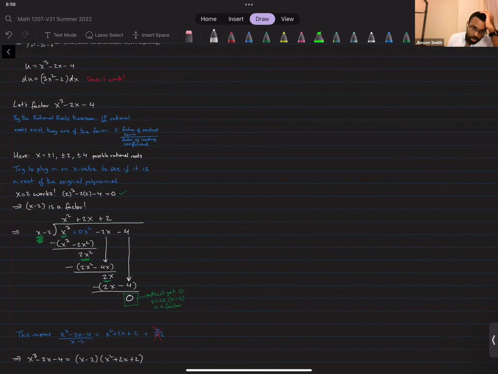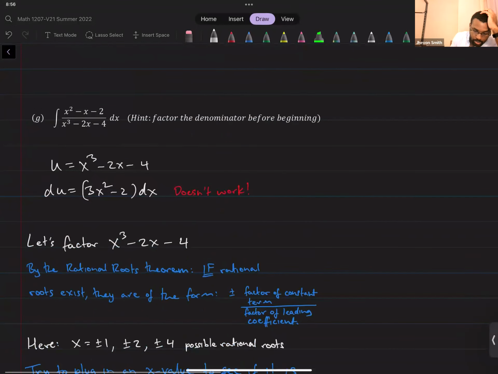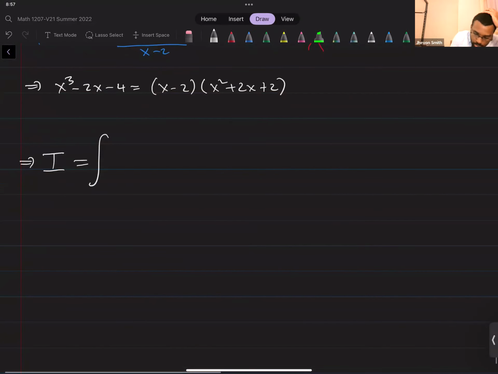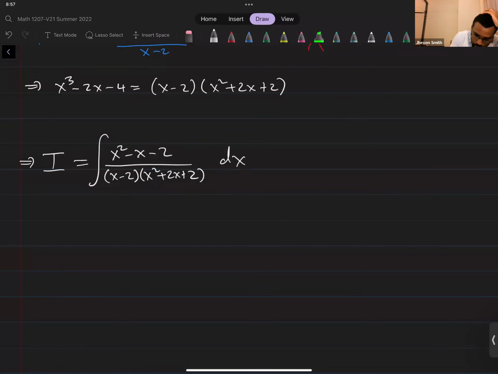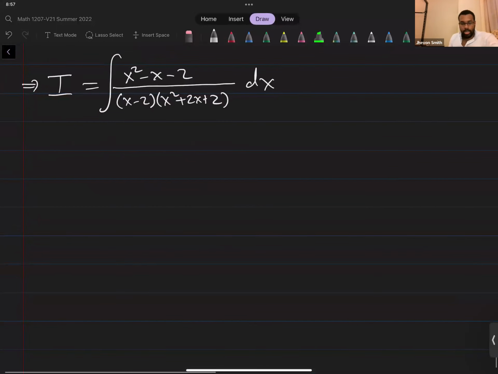Anyway, in the end, we can now go back to our integral. This means that the integral I is going to be x squared minus x minus 2 divided by this whole thing. How does that help us?